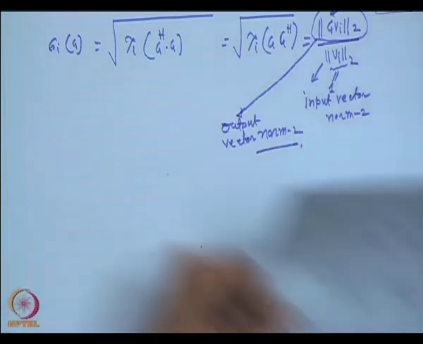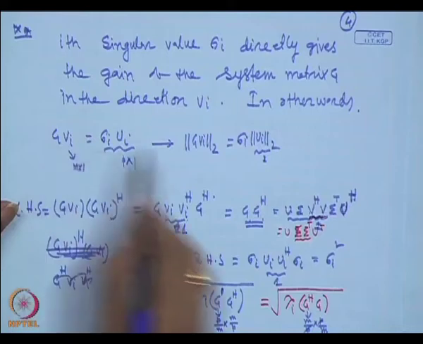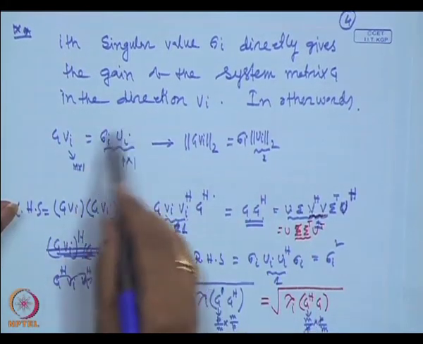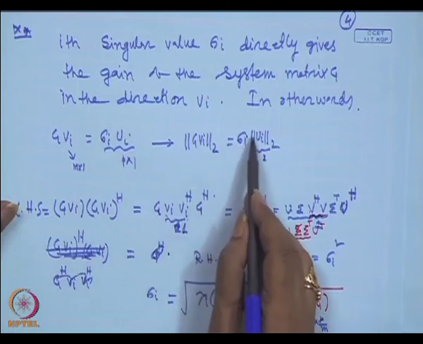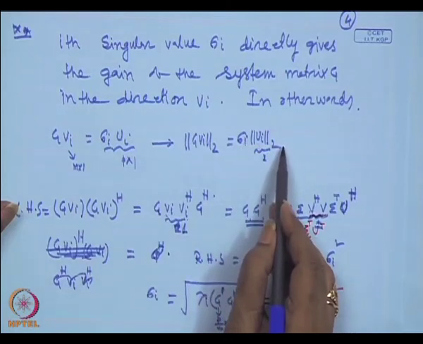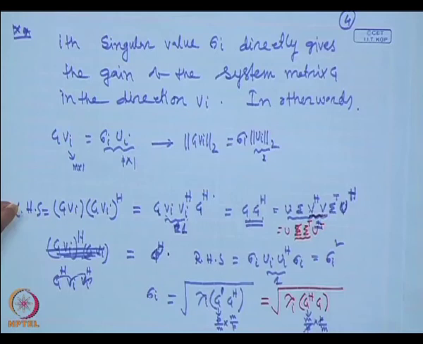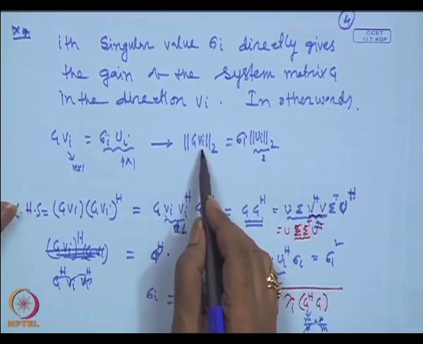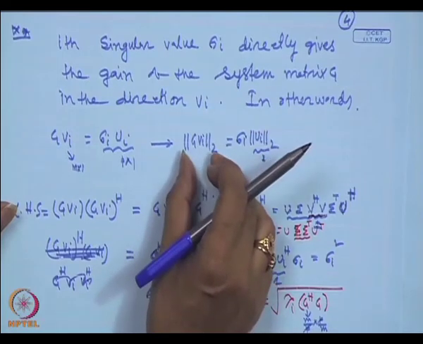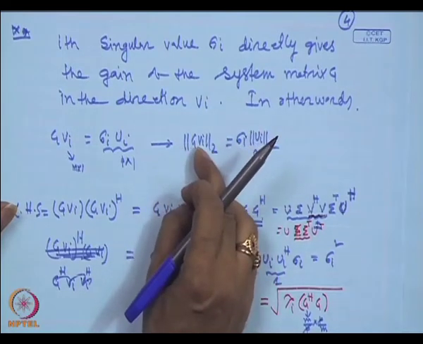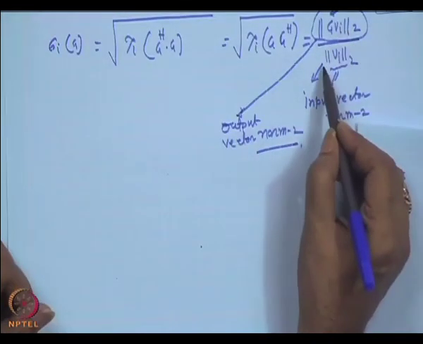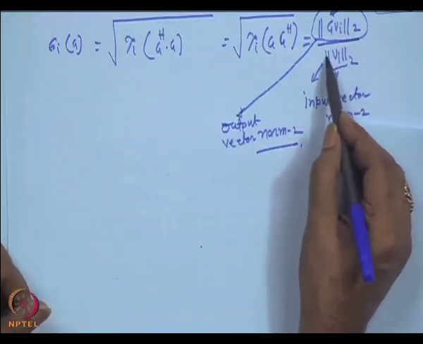How did I get it? Just now I told you, take the norm on both sides; if you take the norm, it will be sigma_i, norm 2. Agree? So sigma_i is nothing but the norm 2 of G times the vector V_i, and the other norm is 1.